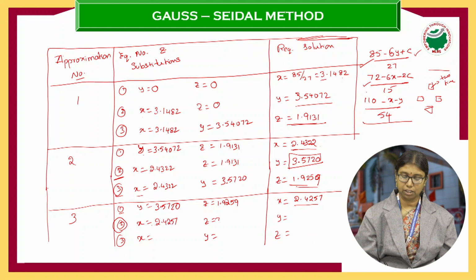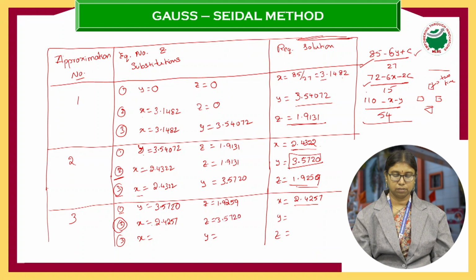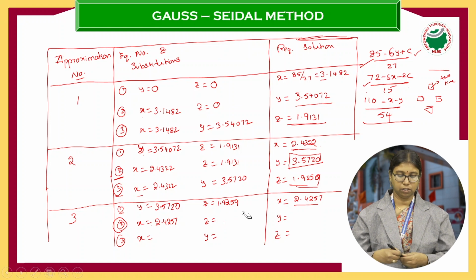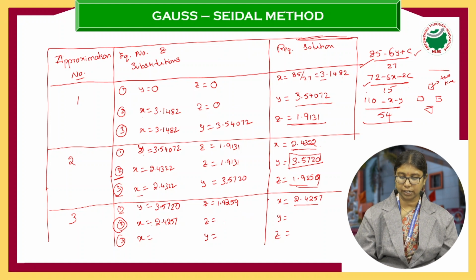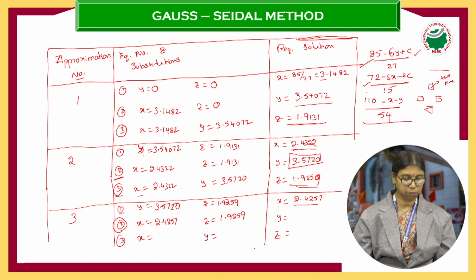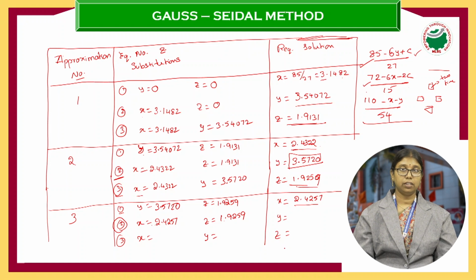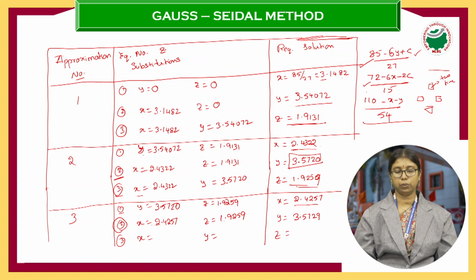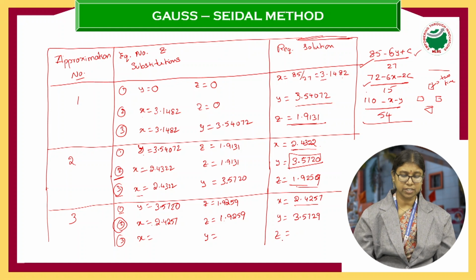Not the y value; here you have to take the z value. The latest z value is 1.9259. Now enter these two values in your calc, 2.4257 and z value is 1.9259. Then you got y value as 3.5729.